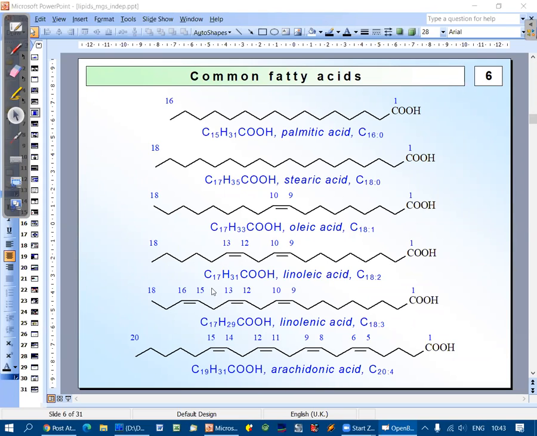You are supposed to memorize the first two, palmitic and stearic, that are saturated, no double bonds here. If you count the number of carbons, it will be 16 in palmitic acid. That's why in the tail of palmitic acid, there are 15 carbons and one more in the carboxylic group. As a result, 16. Stearic acid, saturated, 17 carbons in the tail and one more in the carboxylic group.